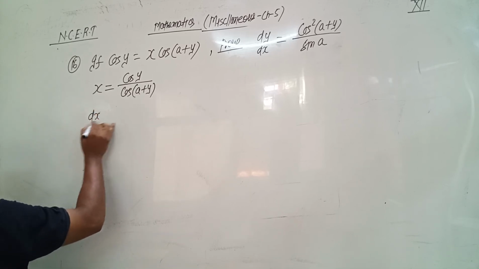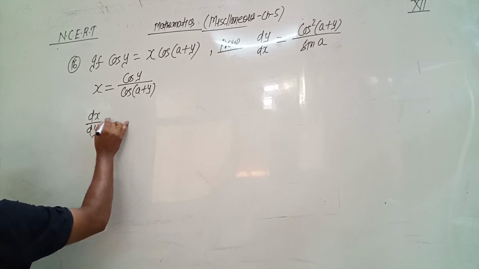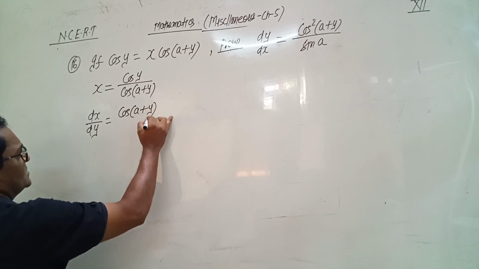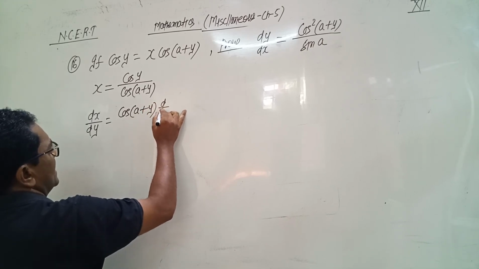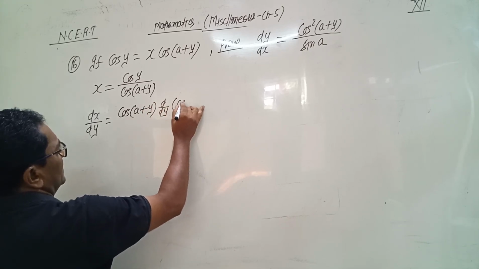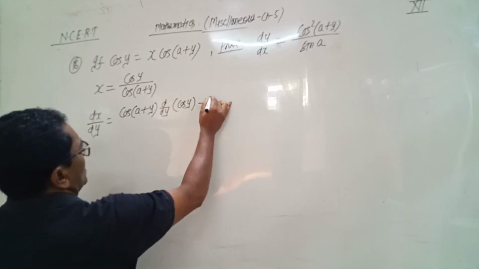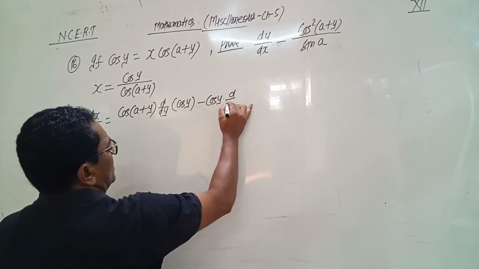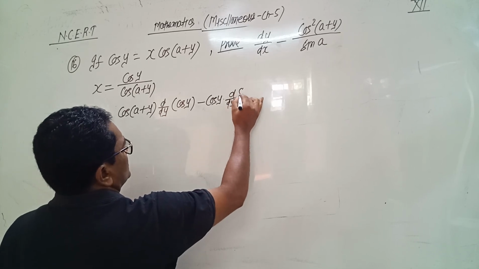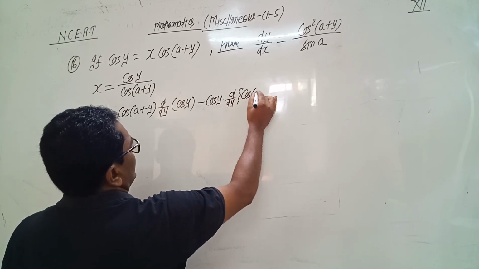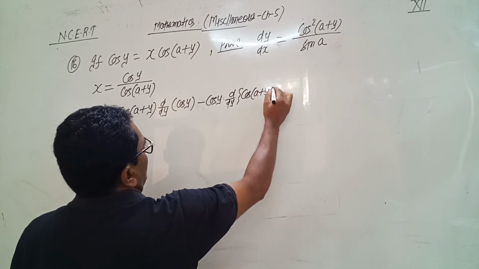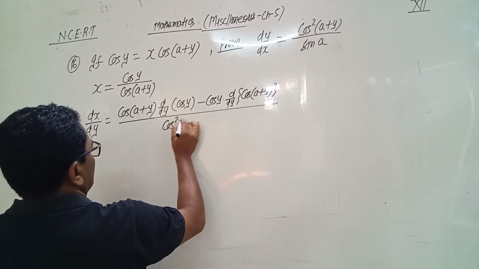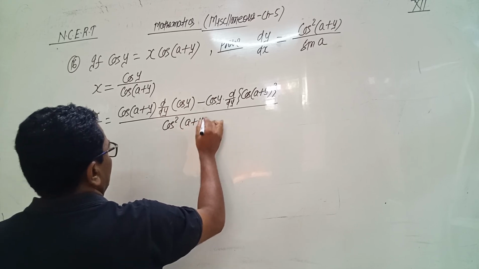So differentiation of x with respect to y, dx by dy: v as it is, cos(a plus y) as it is, and d by dy of cos y, minus cos y as it is, and d by dy of cos(a plus y), upon v square, meaning cos square (a plus y).